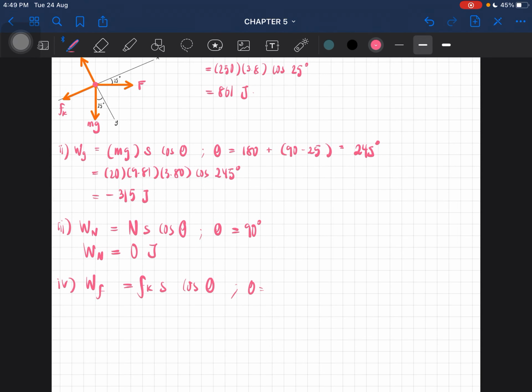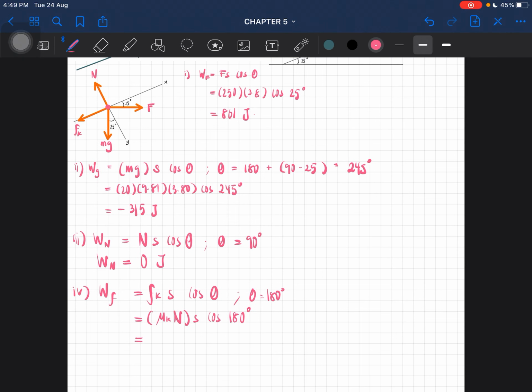So theta is 180 degrees. Fk, we have to find it. It is mu k n s cos 180 degrees. Then we need to find the value of n.